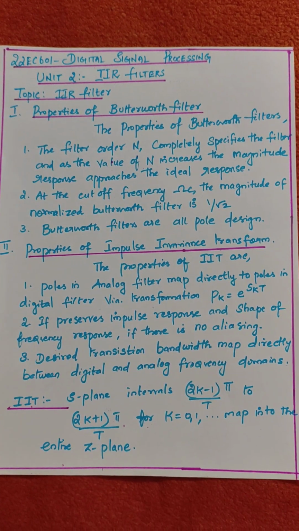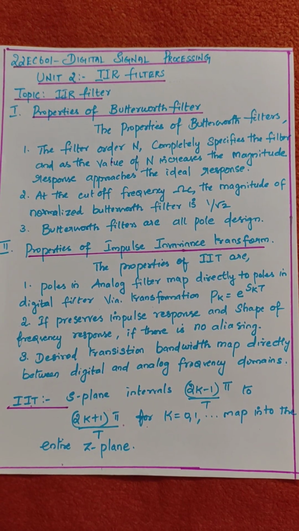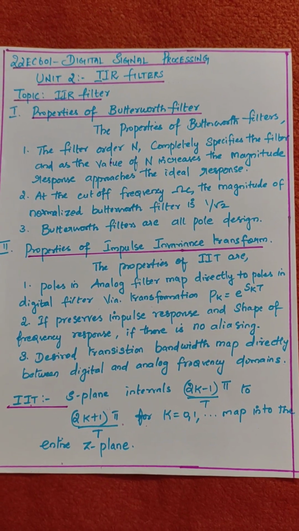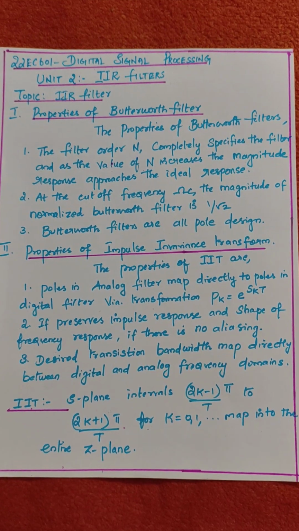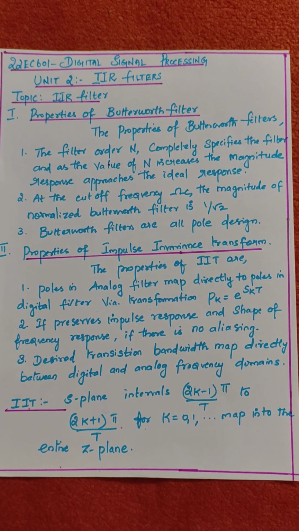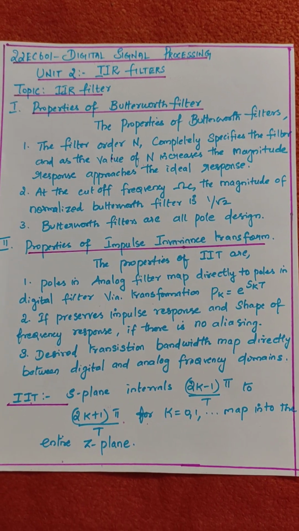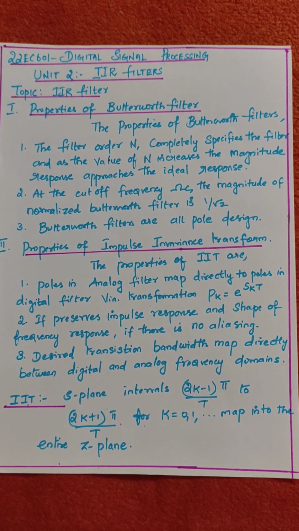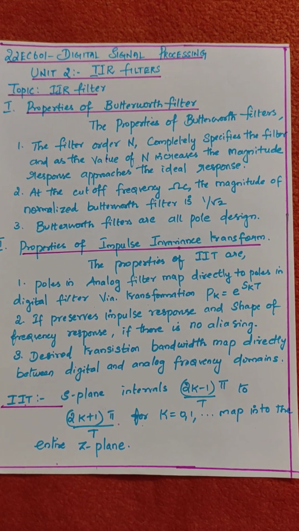The properties of Butterworth filters are, number 1: the filter order capital N completely specifies the filter, and as the value of capital N increases, the magnitude response approaches the ideal response. We have two responses. One is called the ideal curve, the other is called the transfer curve or normal curve.